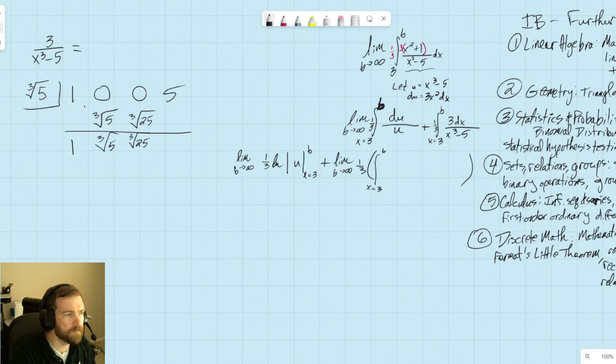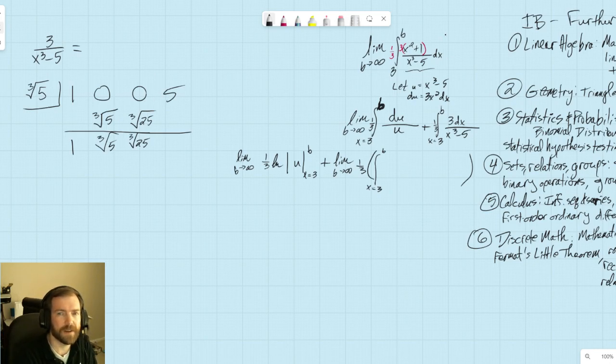Yep. So here we have 3 divided by x cubed minus 5. This is a term that we wanted to split up, because we're trying to figure out what the integral of 3 divided by x cubed minus 5 is, and it's just not working. So we're going to have to break it up and do the thing you hate.